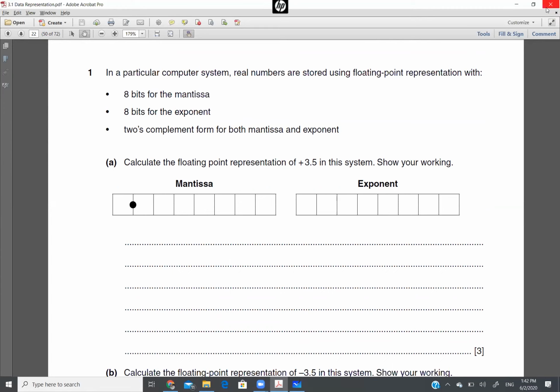Okay, now they have just told us to solve 3.5. 3.5 is just the mantissa, but they have given us the register for the exponent as well. The exponent will be required later because 3.5 will need to be normalized in some way. Now, how it will be done, let's try to find it out.